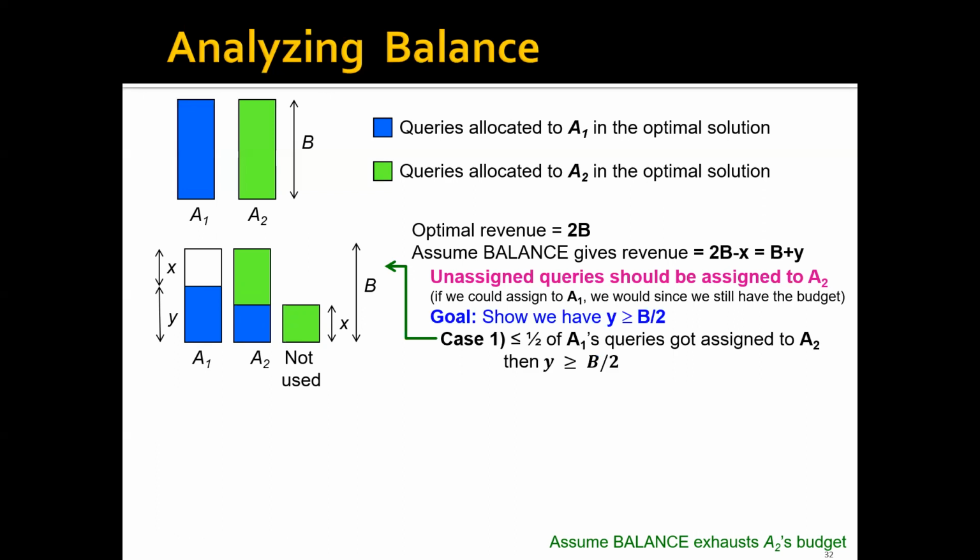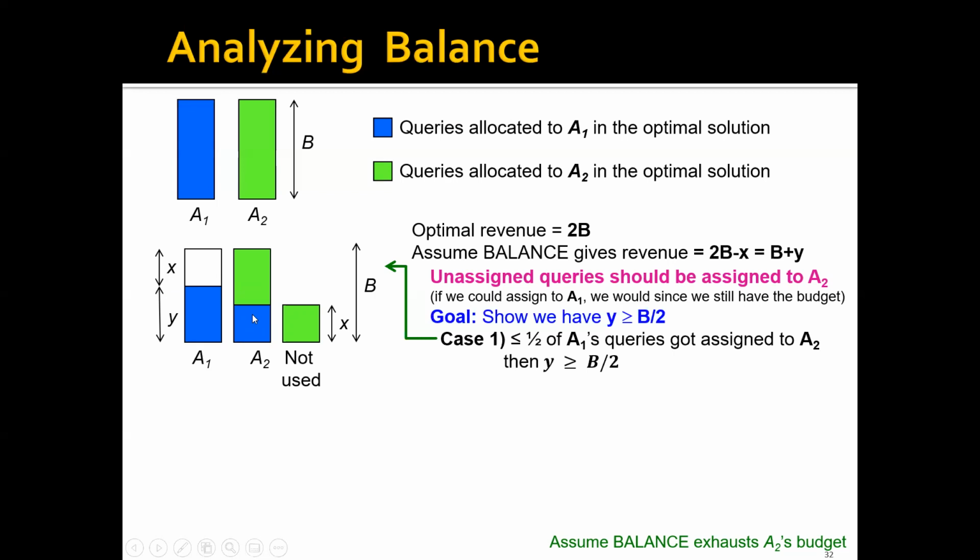The first case is that we have less than or equal to half of A1's queries got assigned to A2 instead. So basically, in this case, this part of A1's queries got assigned to A2.